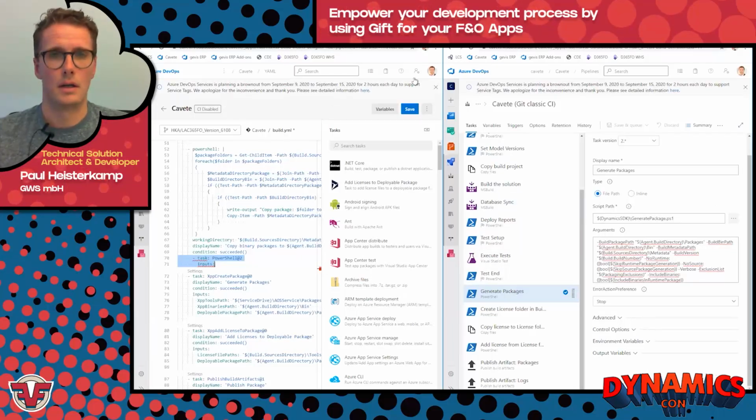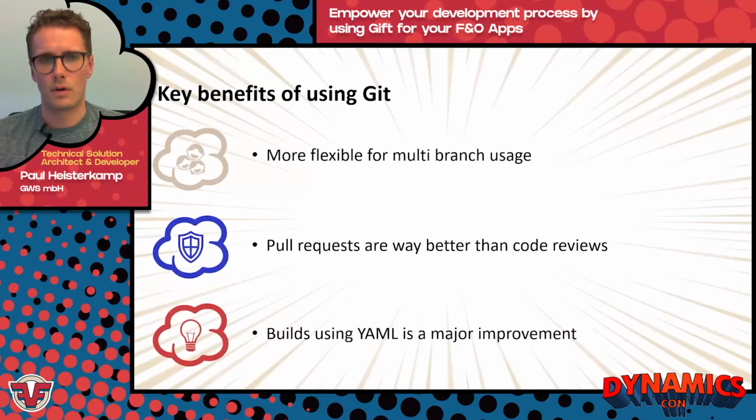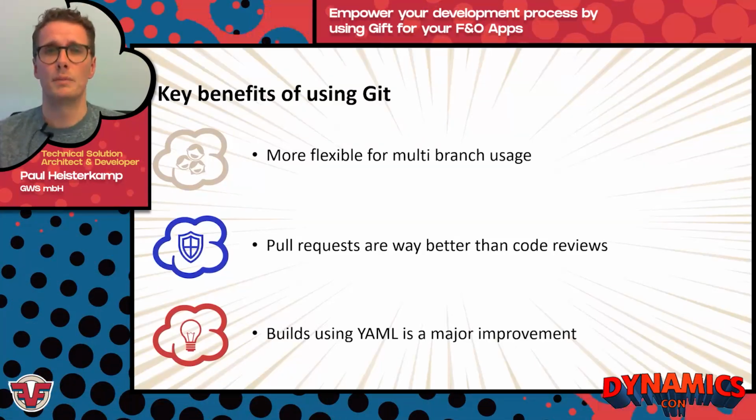So this is a major benefit of the Git, because with TFVC you are not able to use a YAML pipeline.